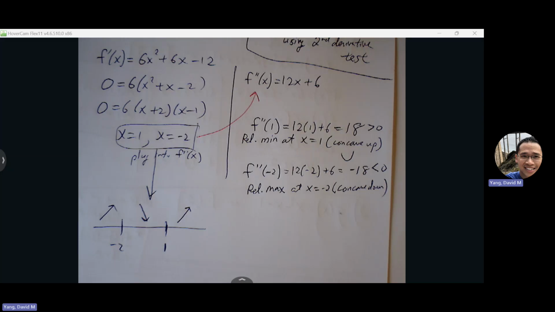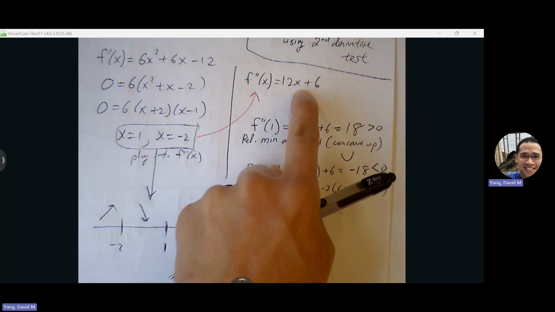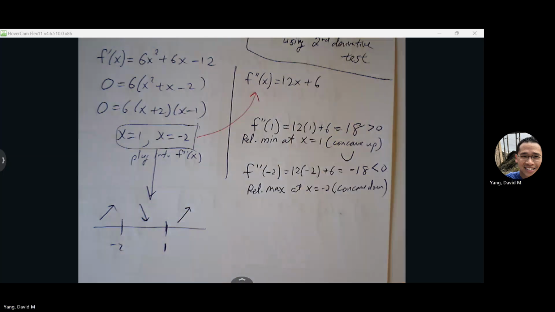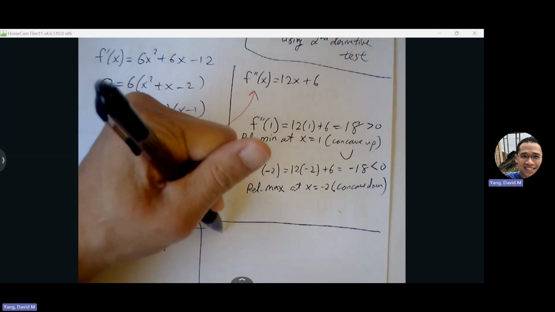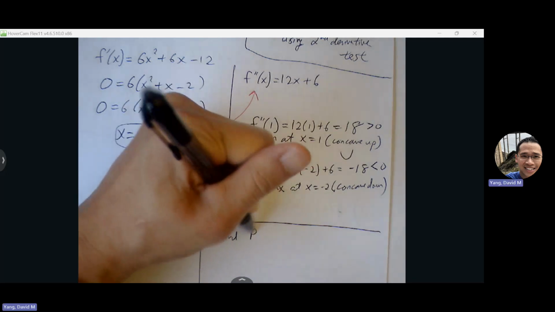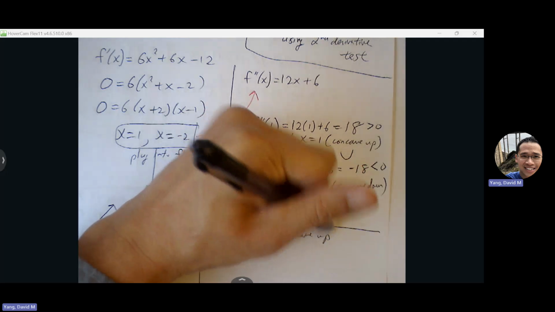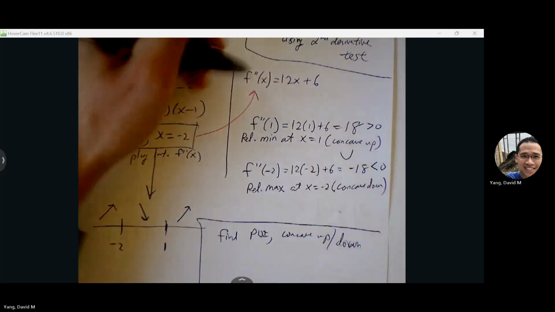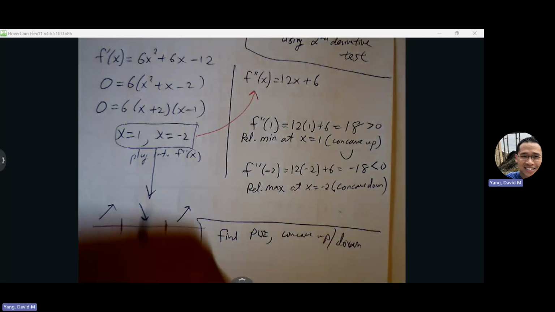Yeah, so the term second derivative test is this process. But we do use a second derivative function to also tell us concavity if we go down the process of looking for critical points from f double prime. So if it's a separate problem, if the problem says find point of inflection, intervals of concave up and down, then you would actually set that equal to 0 and find those critical points from that f double prime.